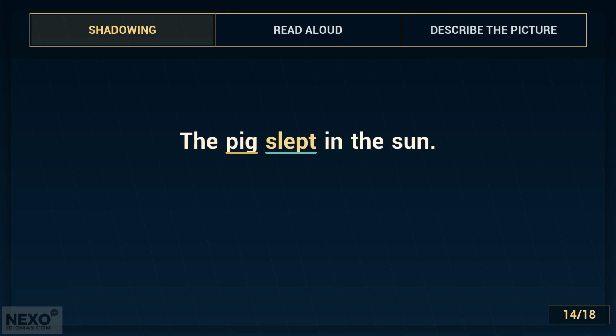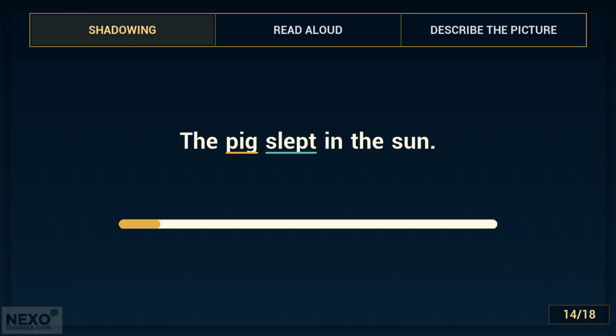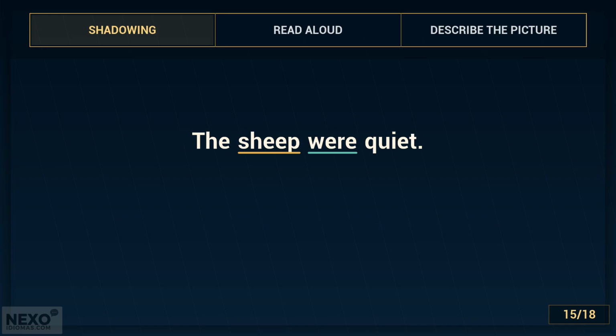The pig slept in the sun. The sheep were quiet.